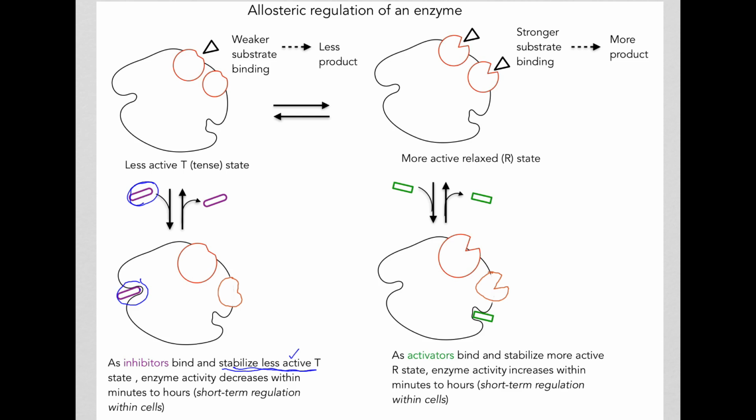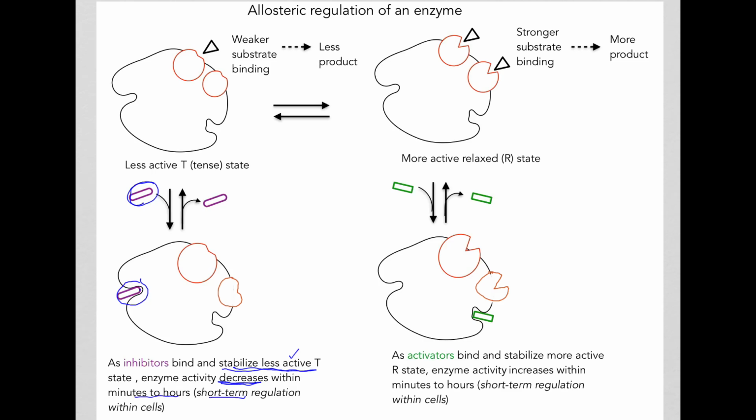So when an inhibitor binds the enzyme will be present in the less active T state, and therefore the enzyme activity will decrease. And this decrease happens very quickly, within minutes to hours, and therefore it's a very nice short-term regulation of enzymes that happens within cells.